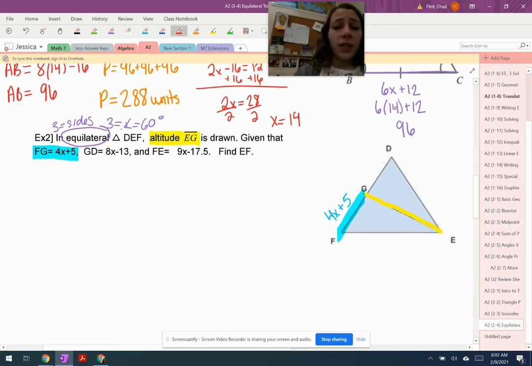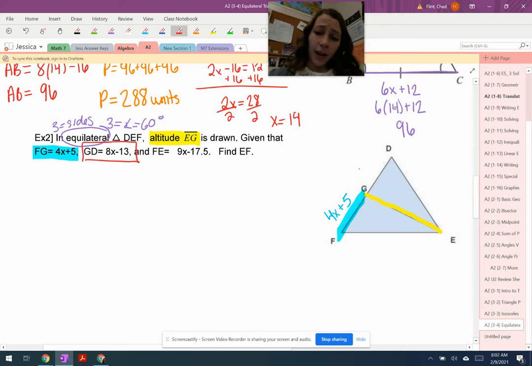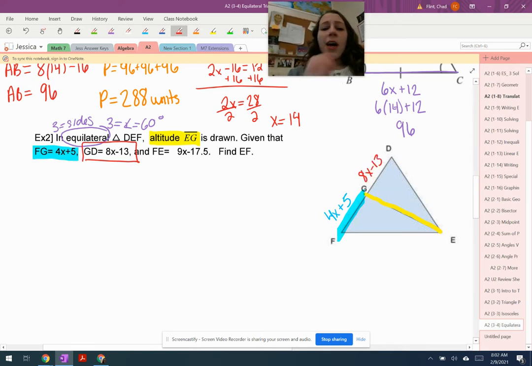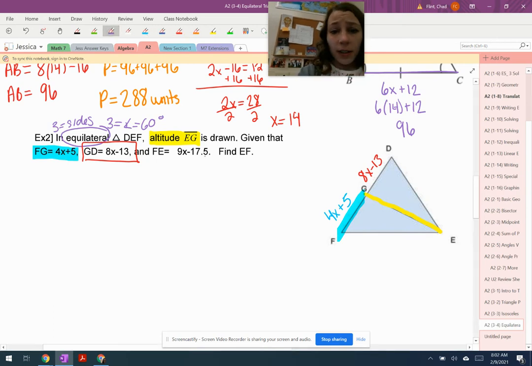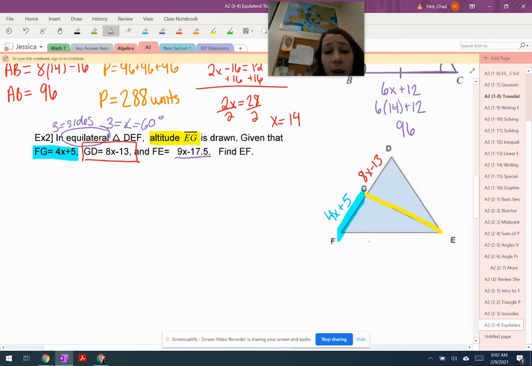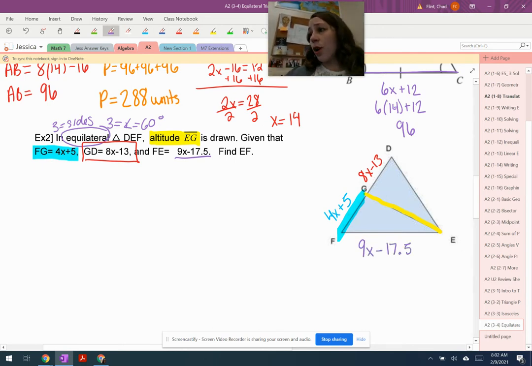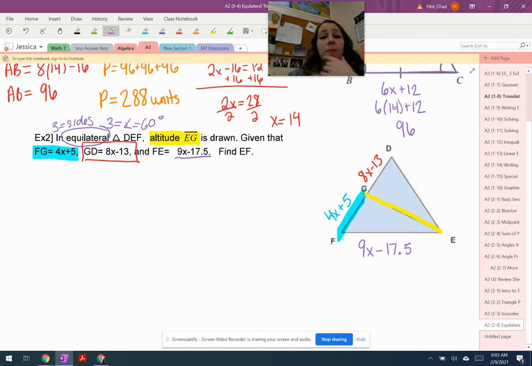And GD, what they give me over here, that I'm going to label over here, 8x minus 13. And then they give me FE, which is over on this side, which would be a 9x minus 17.5. So I've got those things. What can I do with that?